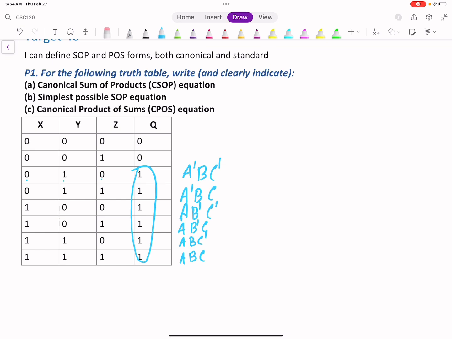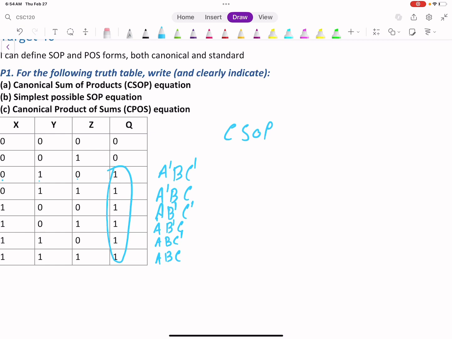To get the CSOP, the canonical sum of products, we are adding these products.